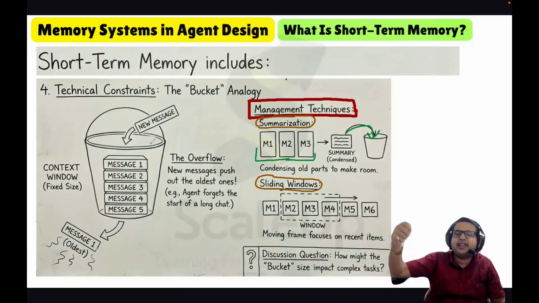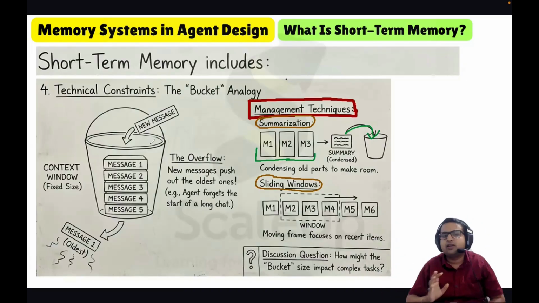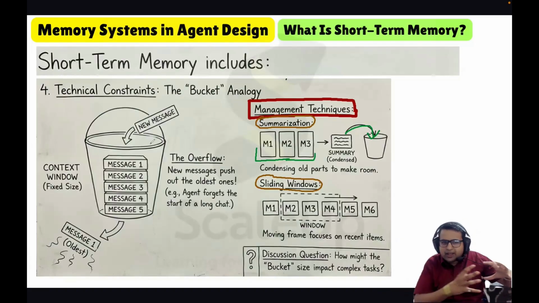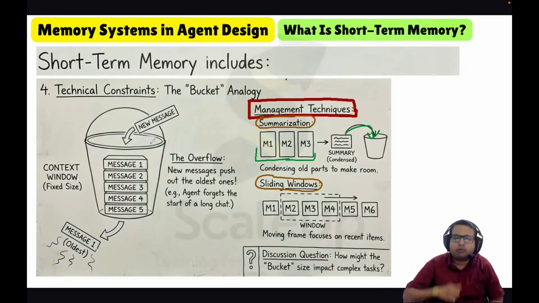Because of that, the agentic AI system starts forgetting the start of a long chat. And how we can avoid it is summarization. So the oldest messages which are about to get flushed out, if we can just condense them, summarize them and put them back on top of the bucket, that is one very interesting technique.